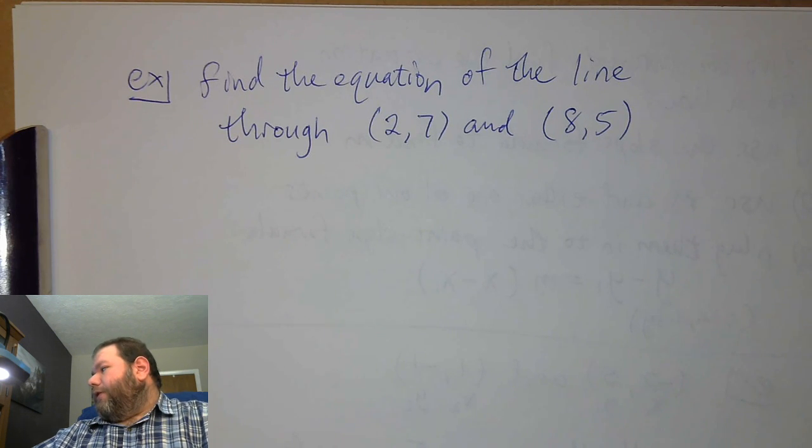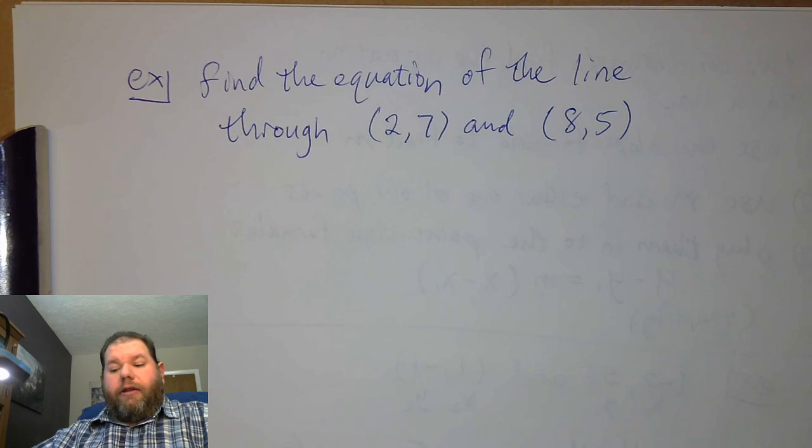Find the equation of the line through (2, 7) and (8, 5).